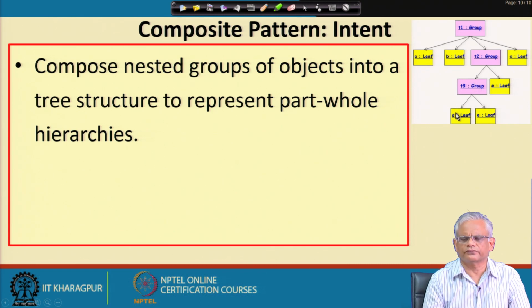A group consists of some primitive elements and another group here consists of primitive elements and another group. The top level group here contains 3 primitive elements and a large group.